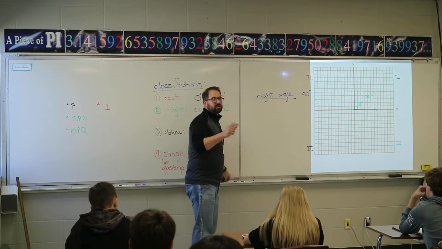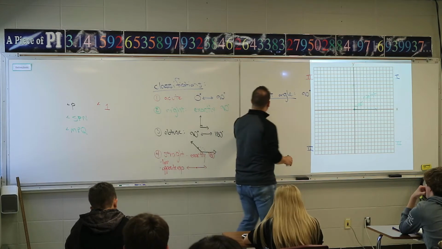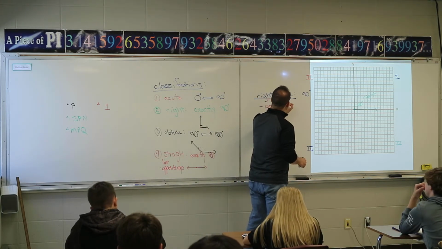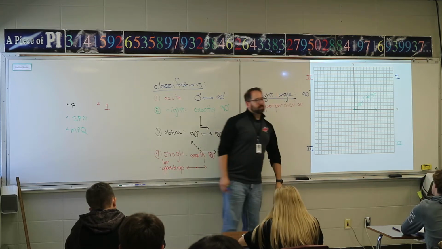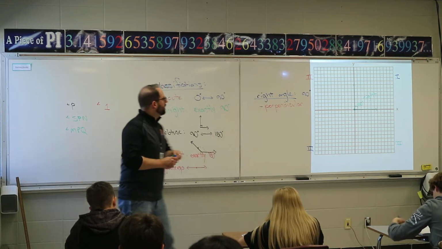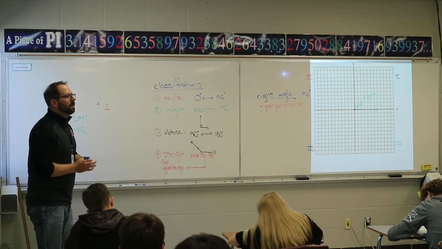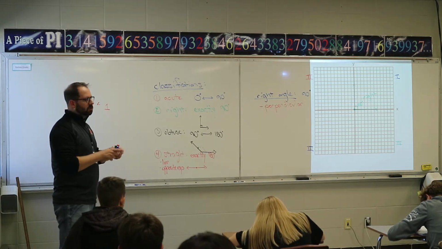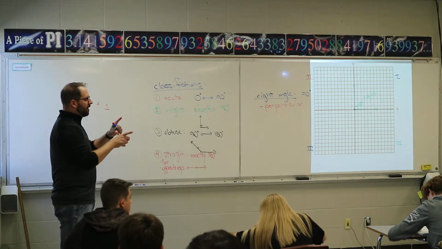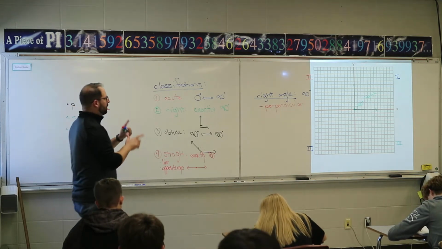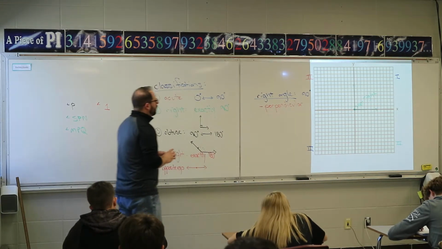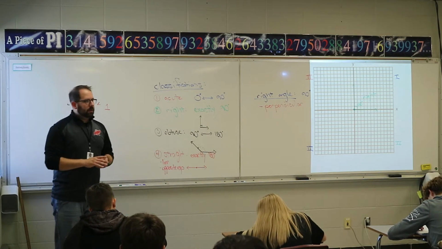Number one, the first word that your book will use a lot: perpendicular. Perpendicular means 90 degrees. Typically the book uses that when they talk about two objects, two lines, two segments, two rays that are perpendicular to each other. The lines themselves are perpendicular, so they're 90 degrees. It means the same thing. Okay, we're good with that.